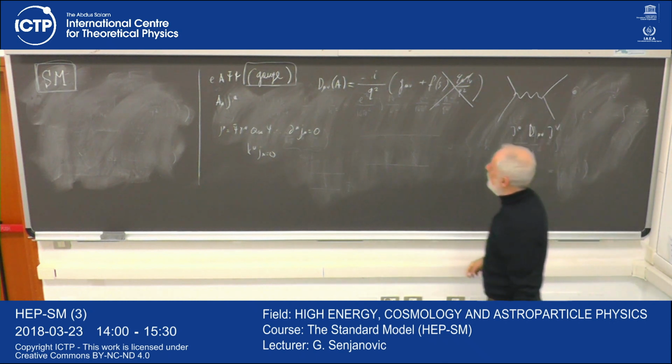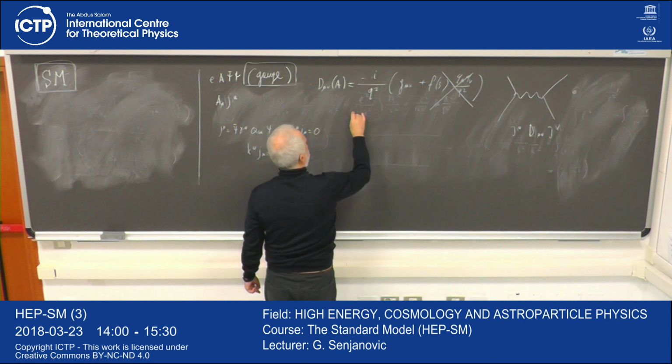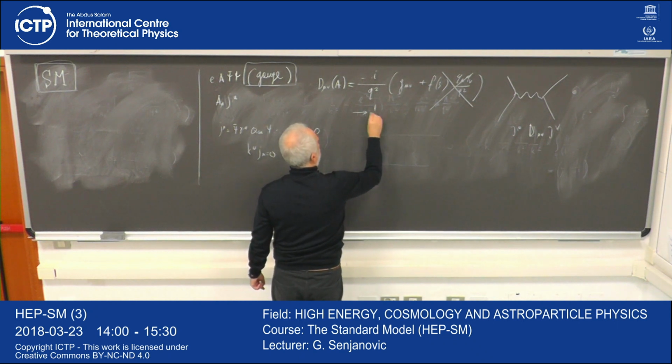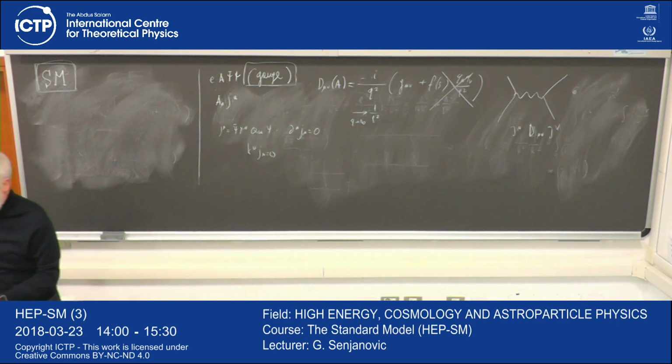So maybe I can answer your question a little better than just by hand waving. What is crucial here is that this propagator goes as 1 over q squared when q goes to infinity. It has to do with the masslessness. I'm assuming that the photon is massless, which is to say I'm assuming that there is a gauge invariance.